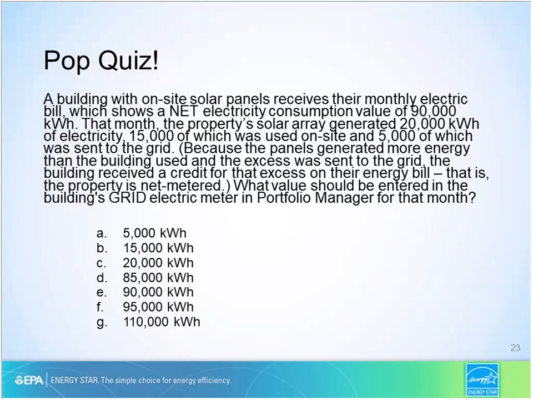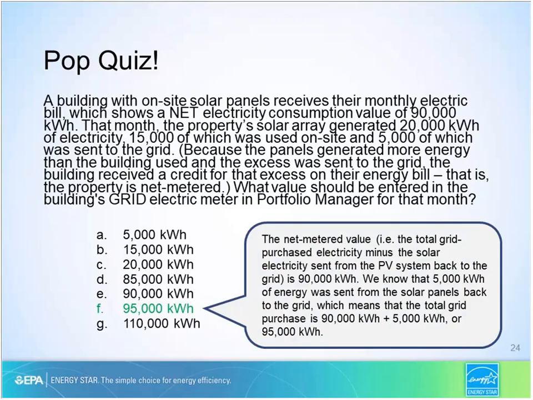Okay, let's flip over to the answer here. And the correct answer is F, 95,000 kilowatt hours. Looks like about 4% of us got that one right. So let's go over why that is the case.